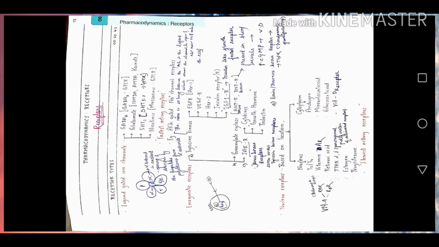Then the female hormones, they are the estrogen and progesterone receptors. And the cytoplasm includes the androgen, mineralocorticoid and glucocorticoid and vitamin D receptors. Here you will become very confused about vitamin A and D. So as an alphabetical order, you just remember vitamin A means nucleus, vitamin D means cytoplasm.